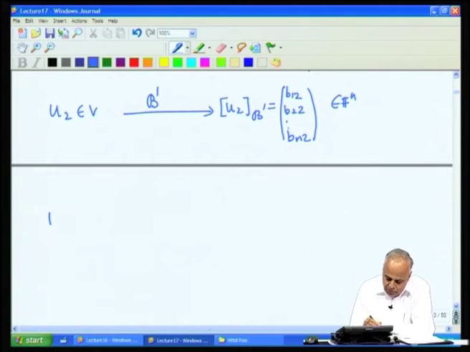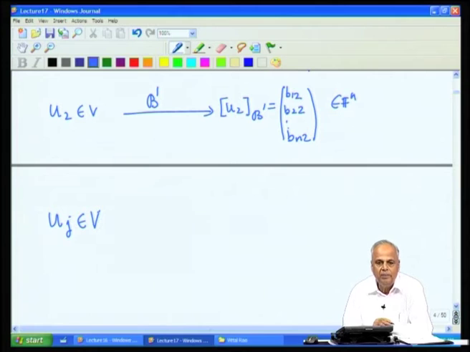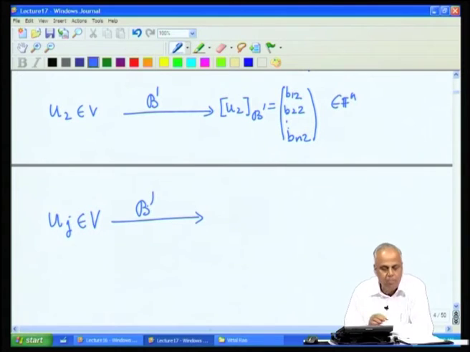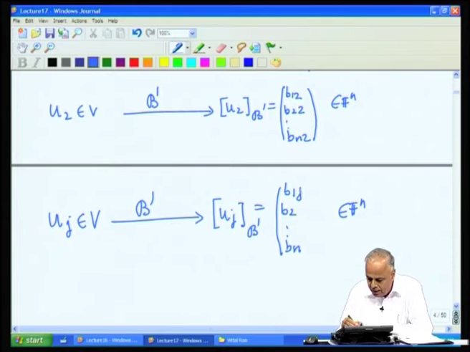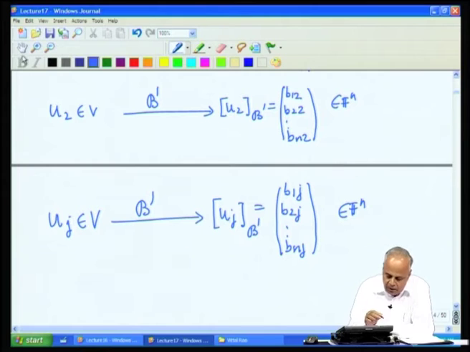So, in general, if you take uj, the jth vector in the B basis, you can use the B prime basis to represent it as uj B prime, a vector in Fn, whose components are b1j, b2j, bnj, and the second index j says that we are looking at the jth vector in the B basis.